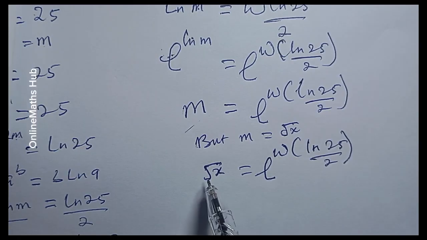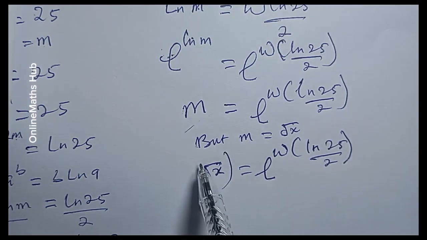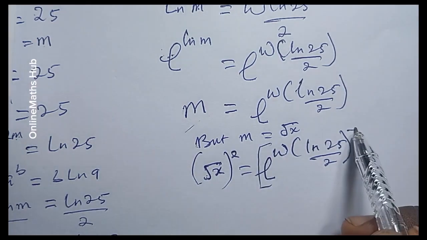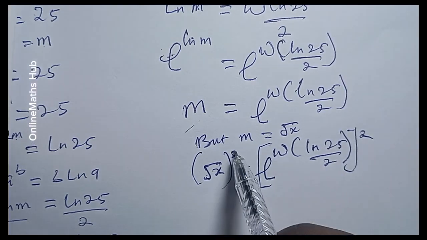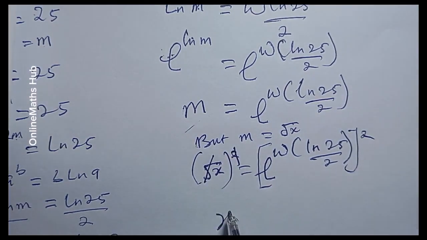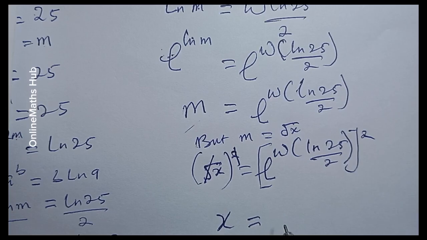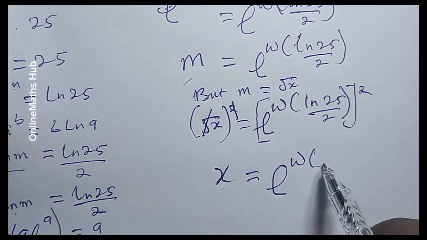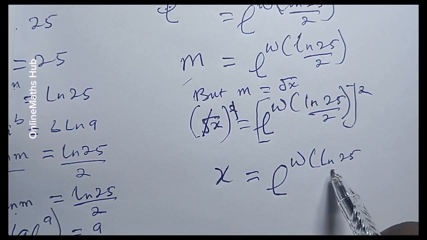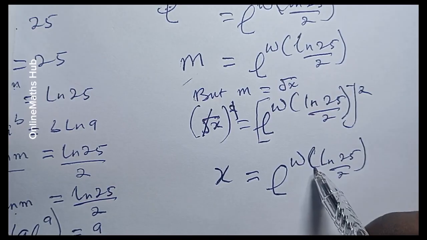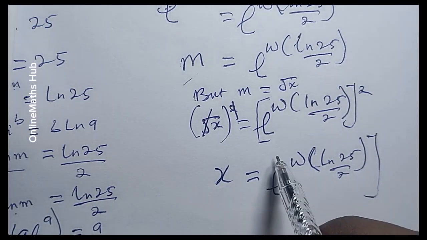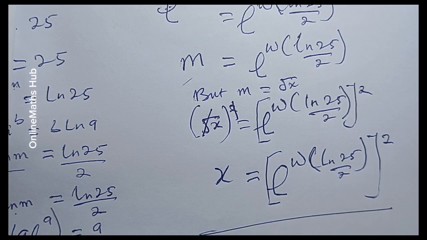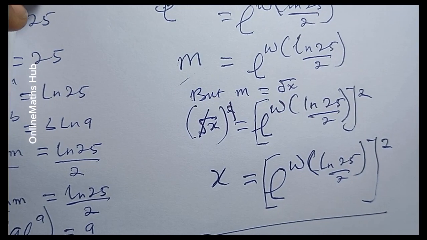For me to get this x right here, I'm going to take the square of both sides. If I do that, the 2 will cancel this square root, and eventually x will be equal to the exponential of Lambert W function of natural log of 25 divided by 2, all raised to power 2. So this is the value of x that will satisfy the equation.